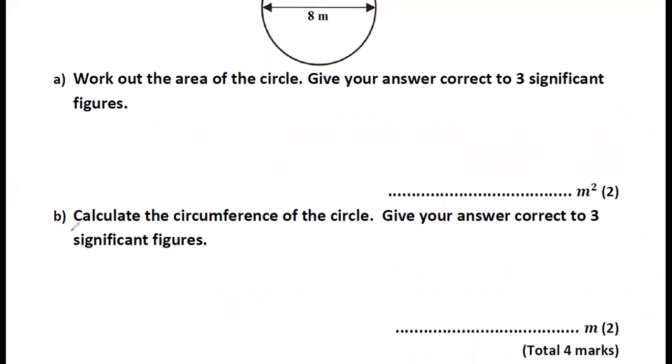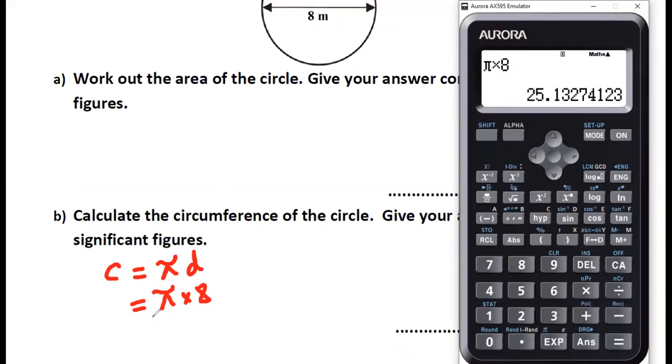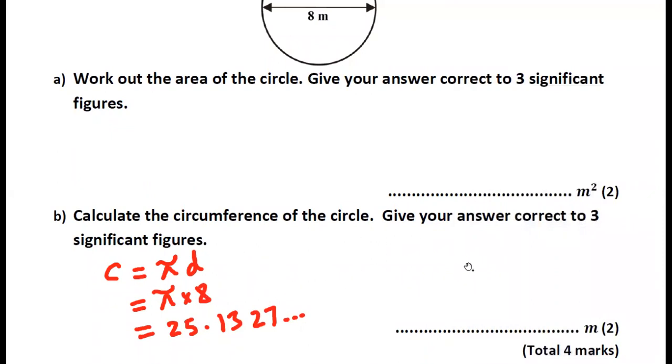Let's move to part B of the question. It says, calculate the circumference of the circle. Give your answer correct to 3 significant figures. As we know, circumference can be worked out by using the formula pi times d. So pi times diameter, which is 8, so pi times 8 gives me a value of 25.1327... And we have to round this to 3 significant figures.